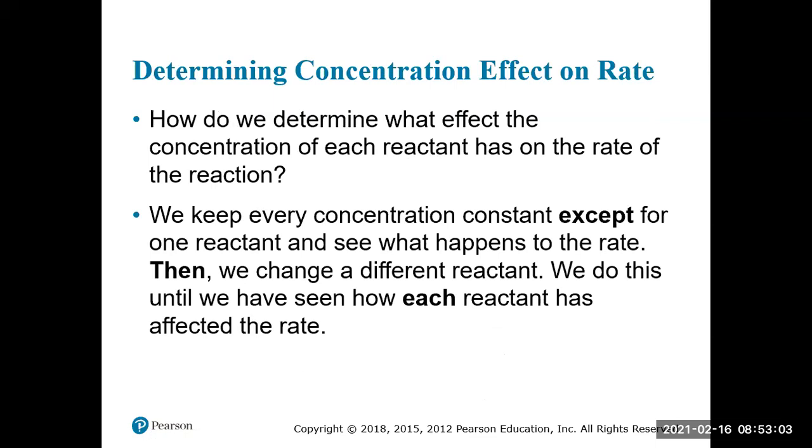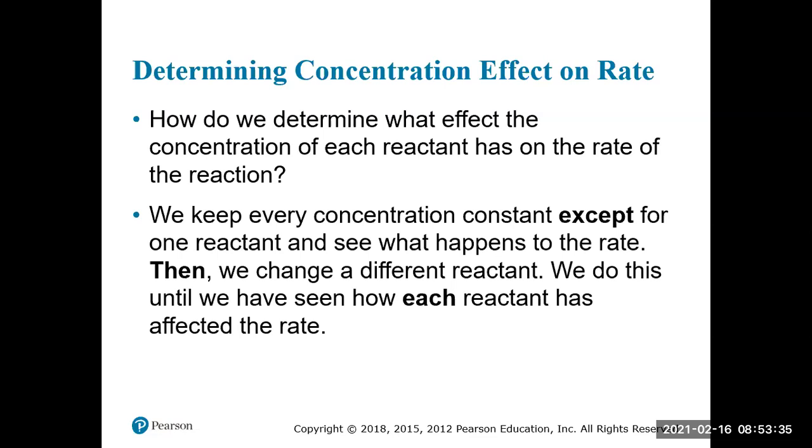Well, the only way to figure this out is to do experiments. Let's say you have 2 reactants. What you do is keep one of the reactants constant and then vary the concentration of the other reactant, do those experiments and see what values you get. That helps you determine how the rate is affected by the concentration.